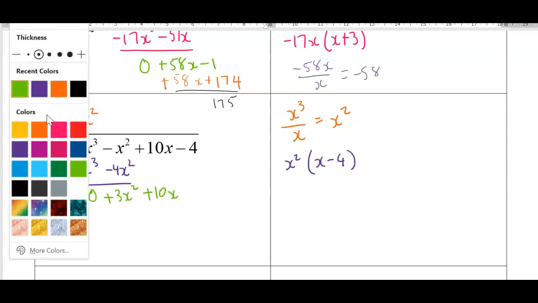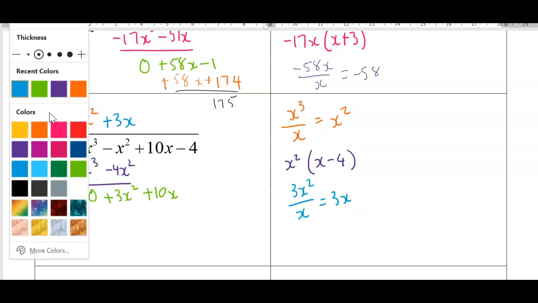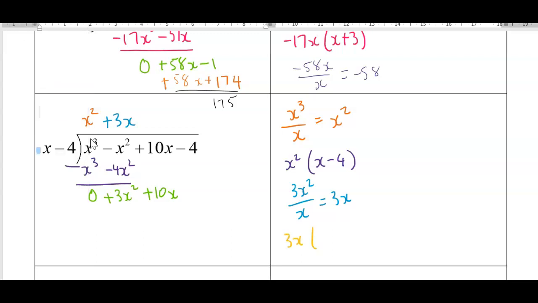All right, start the process again. What color are we going to do? Green. I'll just do green. 3x squared divided by x gives us 3x, so plus 3x. Multiply that through, so 3x times x minus 4.